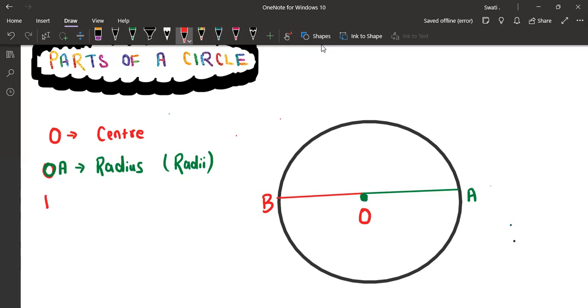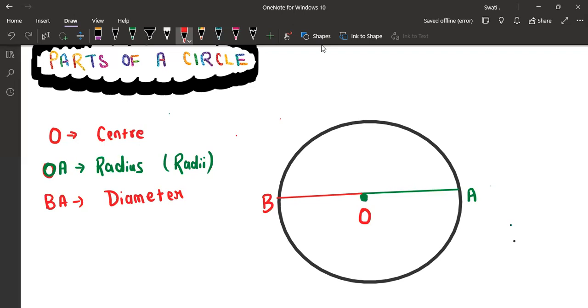So we can write down here that BA is called the diameter. We have now covered three terms: center, radius, and diameter, the very basic terms.